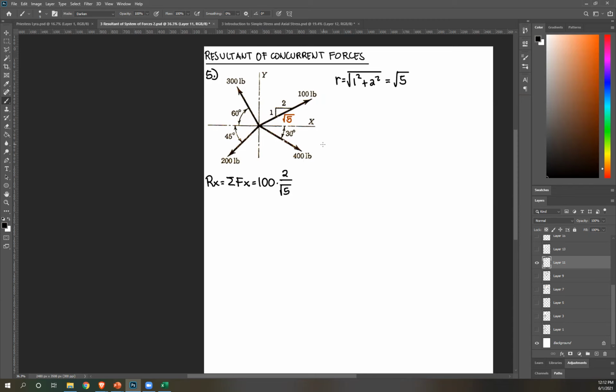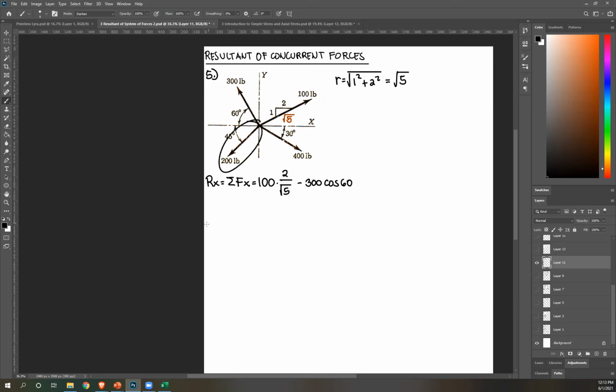We're not done. Let's continue on to the other forces. Let's try the 300-pound force. It's to the left, therefore negative. And then we're given an angle. Recall the equation for the x component of a force given an angle. That is just F cosine theta. So negative F, which is 300 cosine 60.